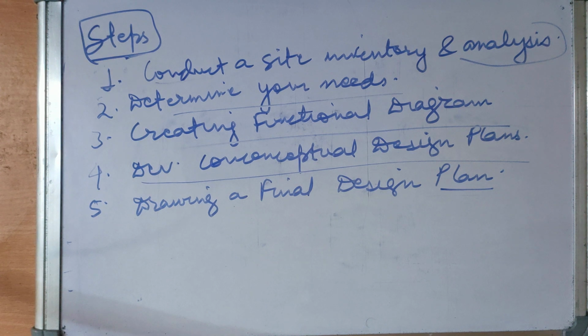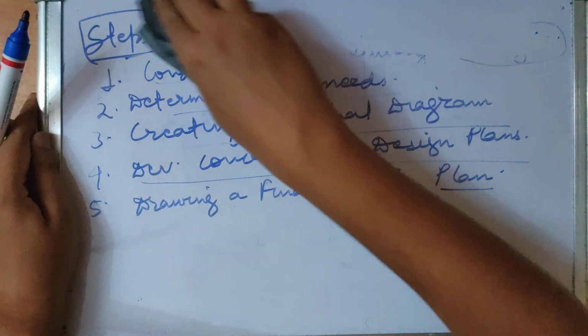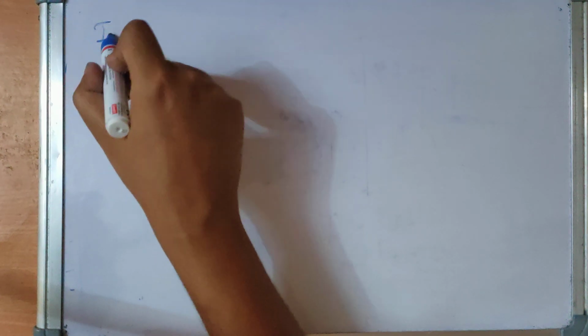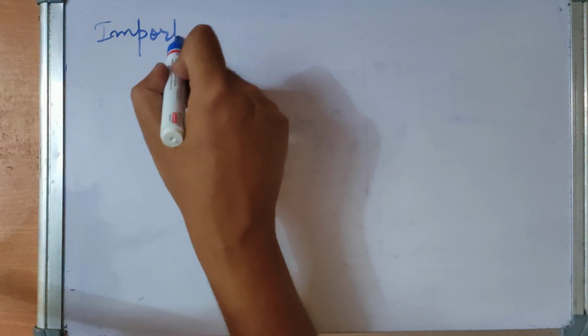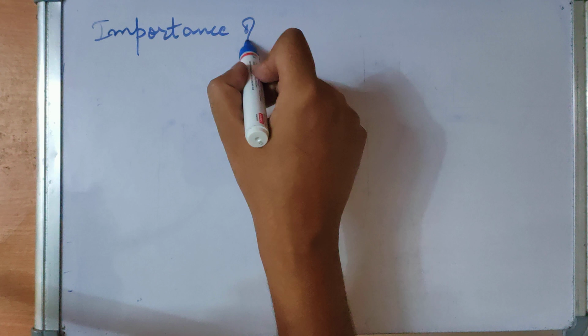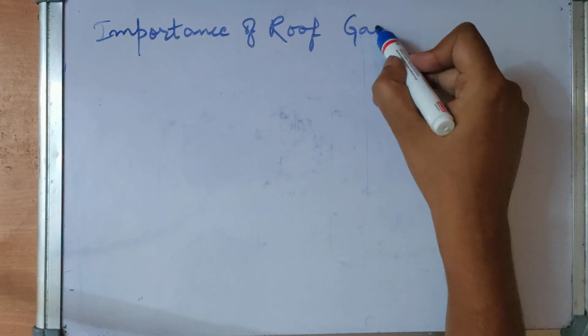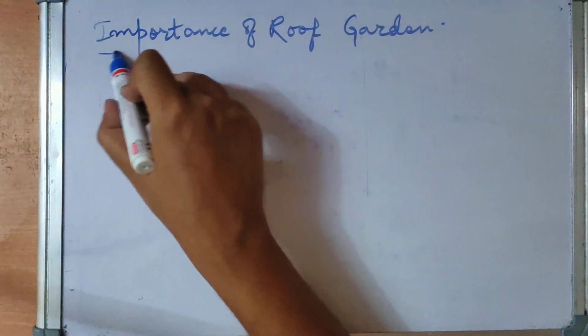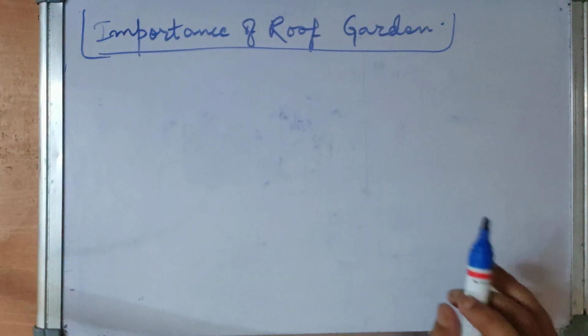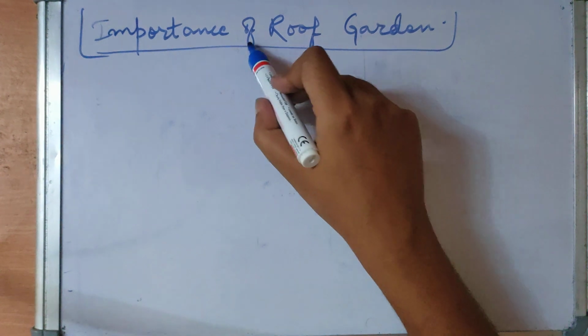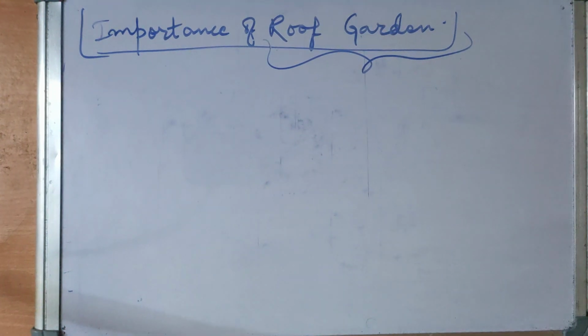Now moving on, importance of roof garden. Next topic of this session. So we all know what a roof garden is, that can be grown on our roof, in balconies, gardening on our roof or balconies, that is roof garden.